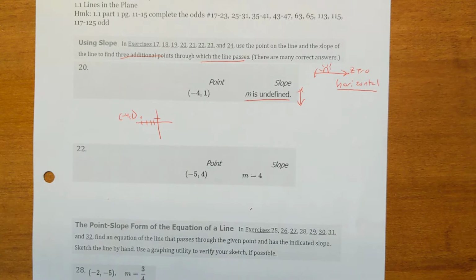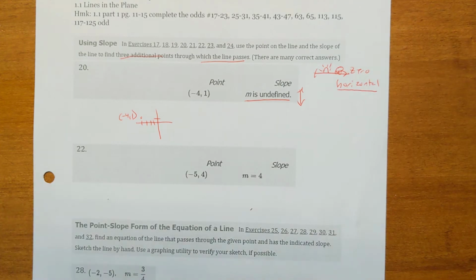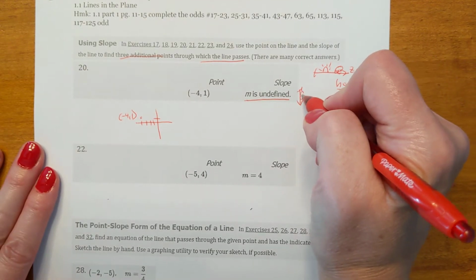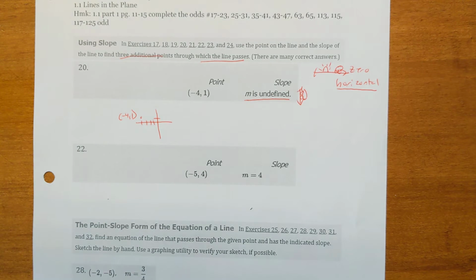So the slope is 0 because you put a car on it and it's not going to go anywhere. It just stays right there on the line. And undefined is a line that goes straight up and down. If you try to put a car on that, it's just going to slide off and crash. So that's kind of undefined.